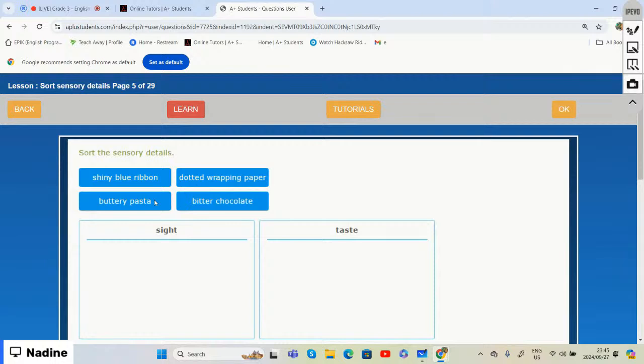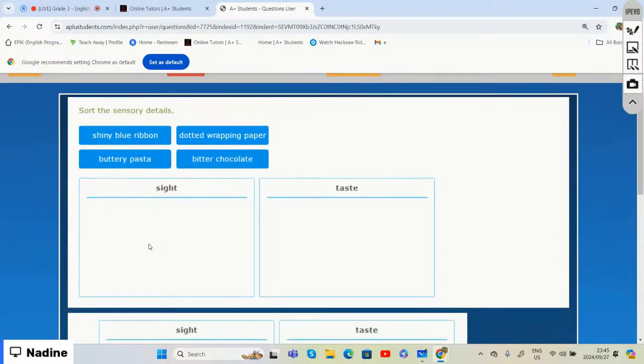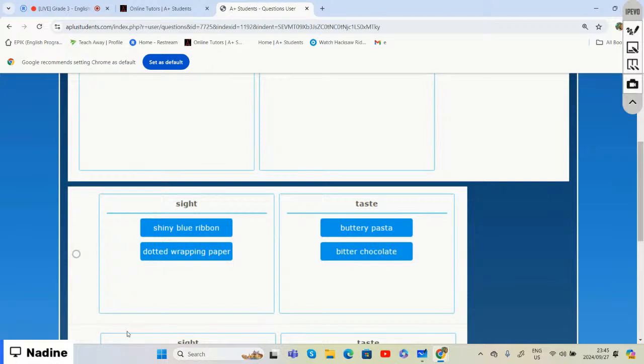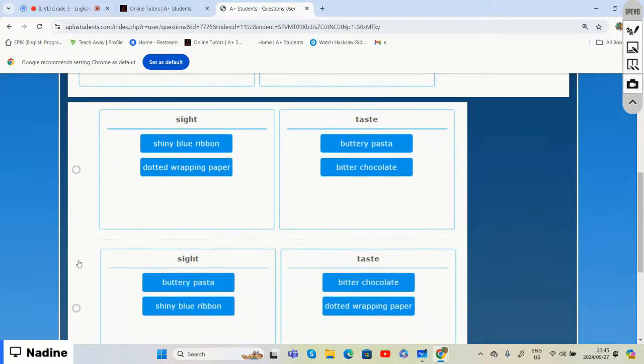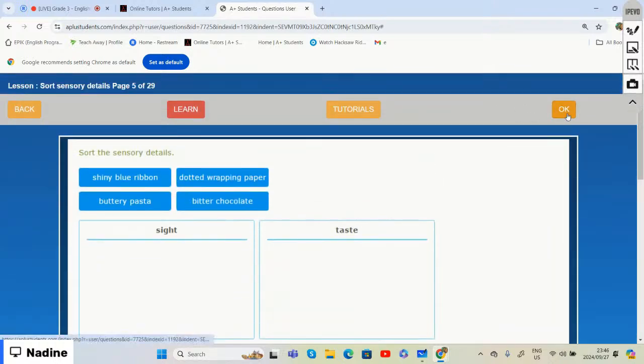If we were to choose the correct option, we have shiny blue ribbon, dotted wrapping paper, buttery pasta, bitter hot chocolate. We did this earlier on. The stuff that we can see and taste is option one. Things that you can see are a shiny blue ribbon and dotted wrapping paper.